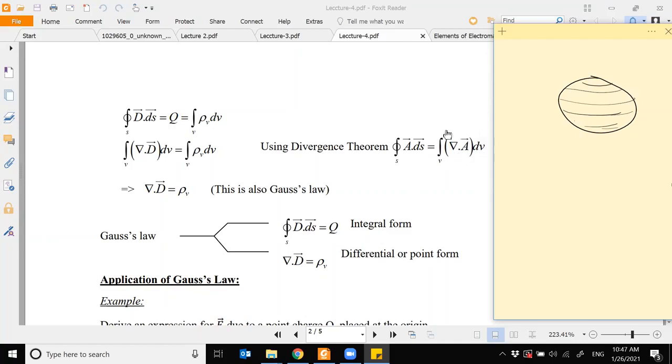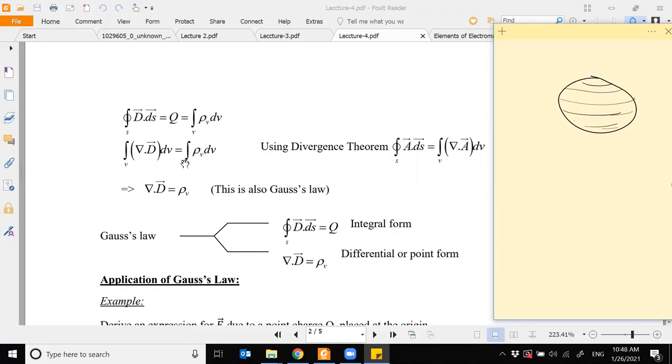So if I substitute this here, the closed surface integral D dot dS, can I write it as a volume integration? Because the divergence theorem essentially allows us to convert a surface integral to a volume integral. So I'm converting this surface integration to a volume integration by finding the divergence of my electric flux density over dV, with the right hand side as it is.